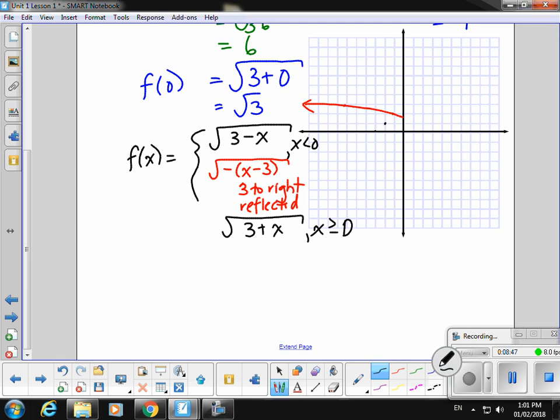So that would be the square root function moved 3 to the left, but it is only in the interval x greater than or equal to 0. So I'm going to erase that piece. And it is a continuous function because it hits the same value when x equals 0 from both directions. We're going to talk about that a little bit more. And we have graphed that from our understanding of transformations from grade 11.